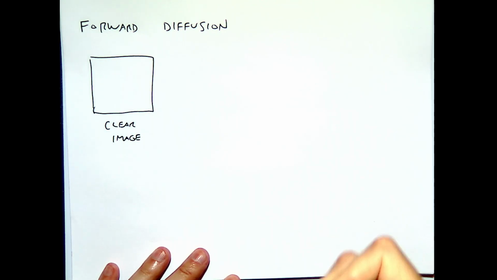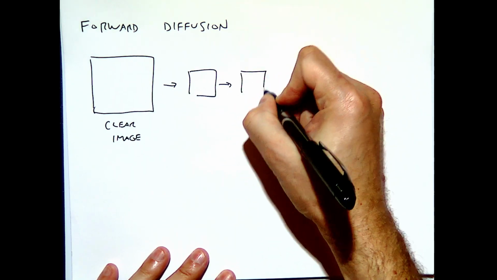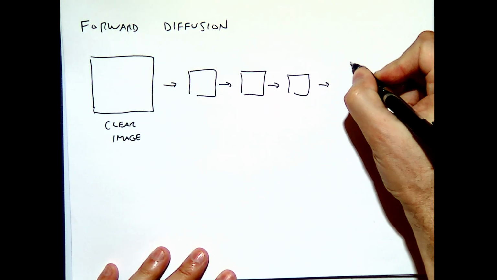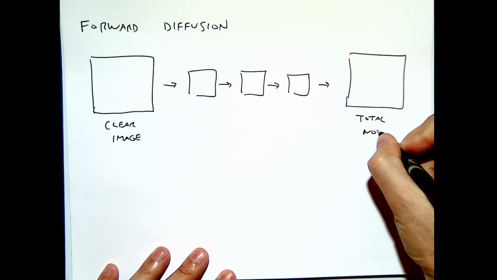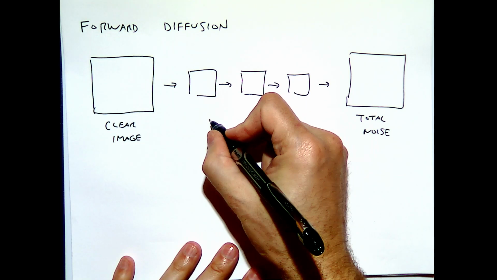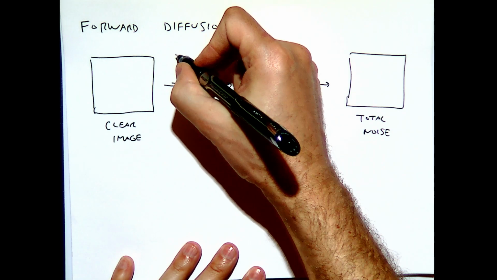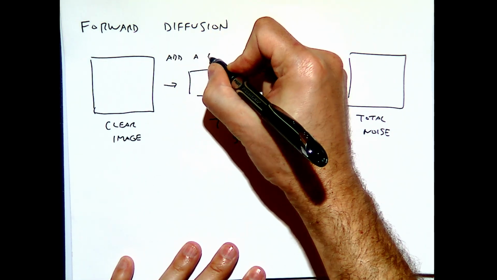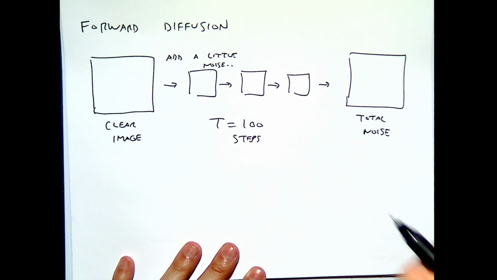And then gradually we corrupt it with noise until the result is total noise, right? And we do this over a series of time steps. Say we use 100 steps, where every time we add a little noise, and add a little more noise, and add a little more noise, right?